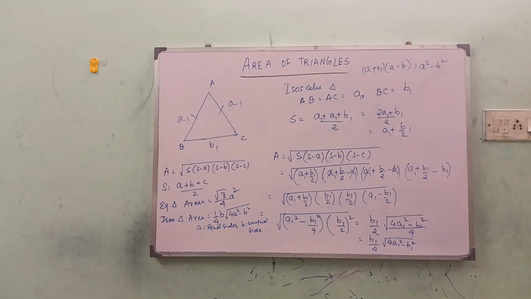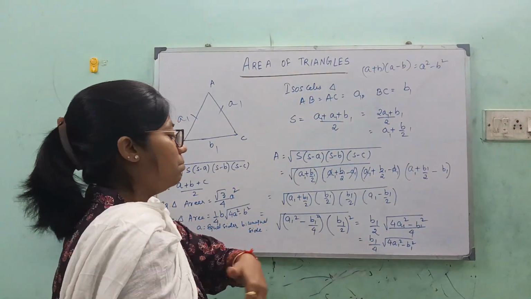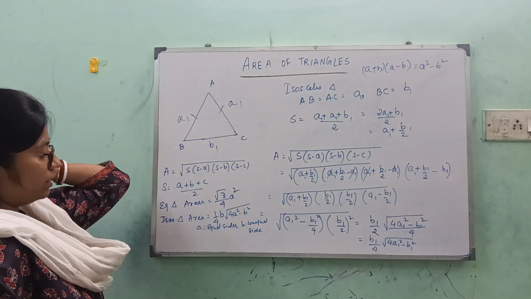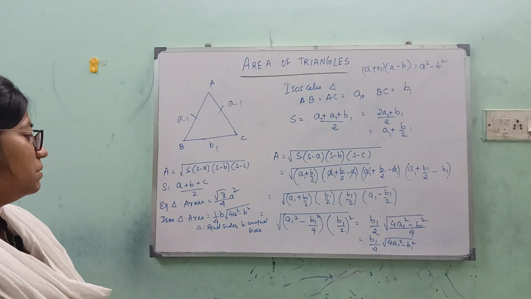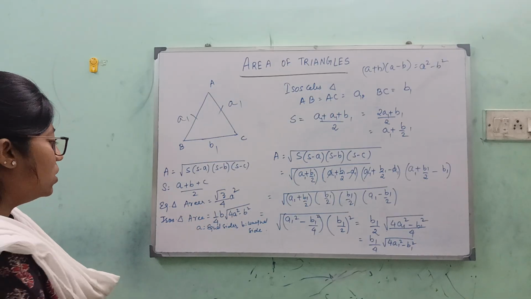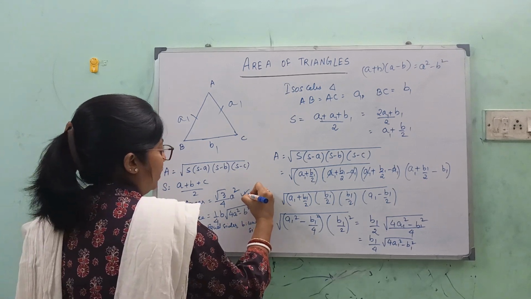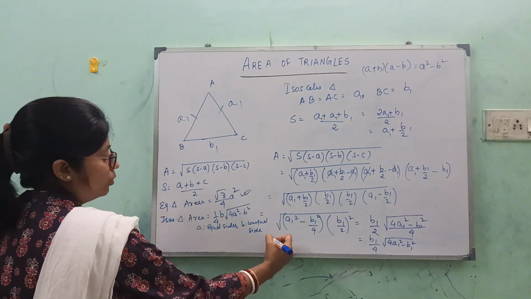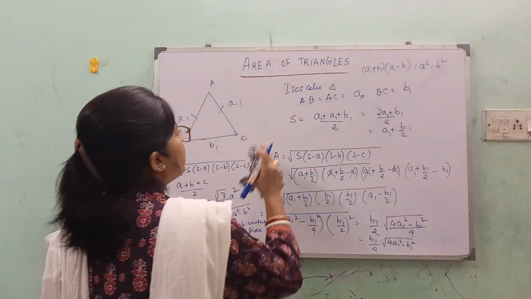So this is the area for an isosceles triangle: 1/4 b into the square root of 4a square minus b square, where b represents the unequal side and a represents the equal sides. So using Heron's formula, I had shown you the area of an equilateral triangle. Now we have proved the area of an isosceles triangle. All right.